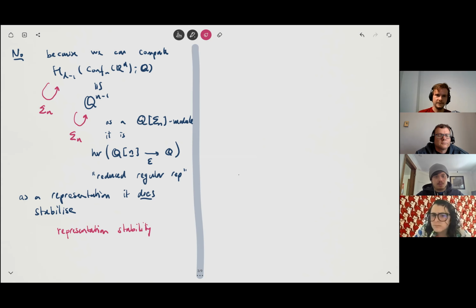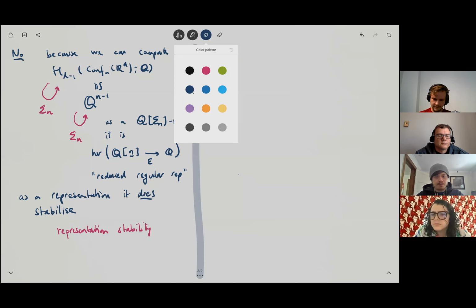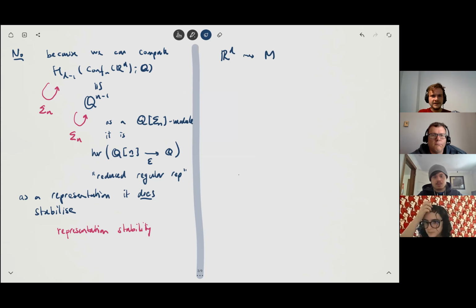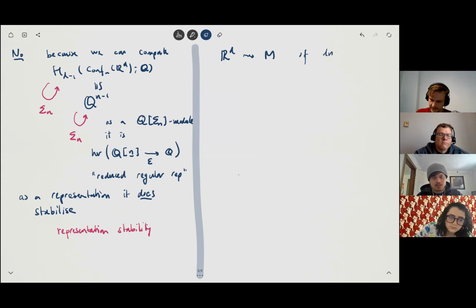Okay, so to give a more precise statement, let's replace Euclidean space by a manifold, just because it's more interesting that way. Of dimension d at least 2.